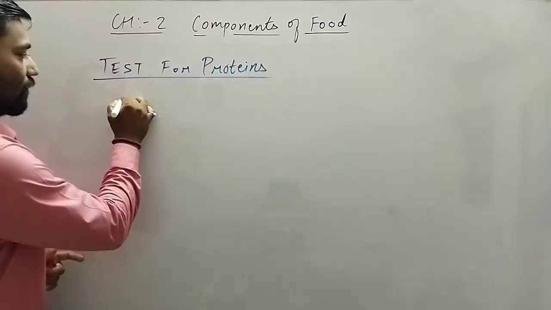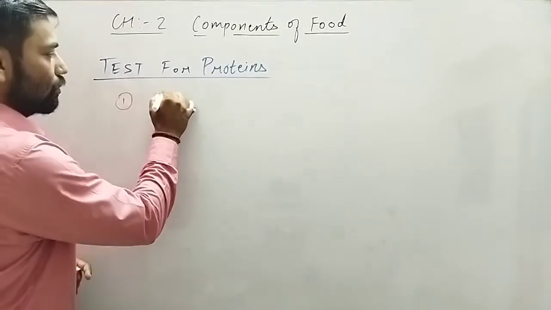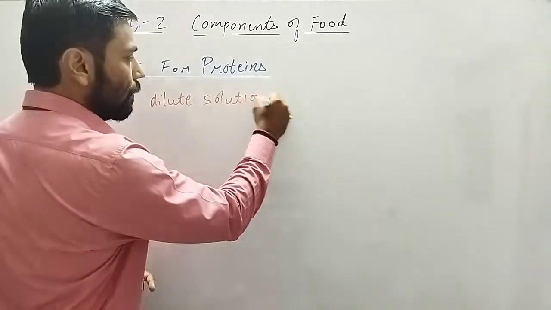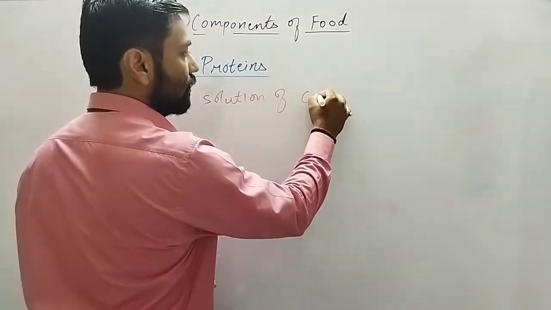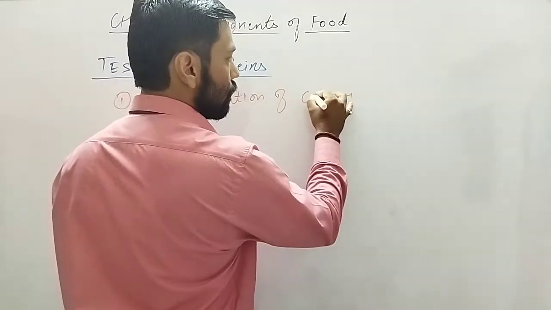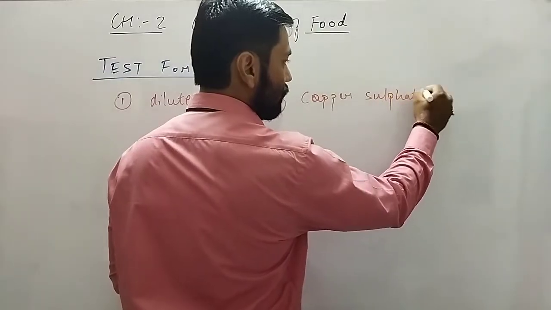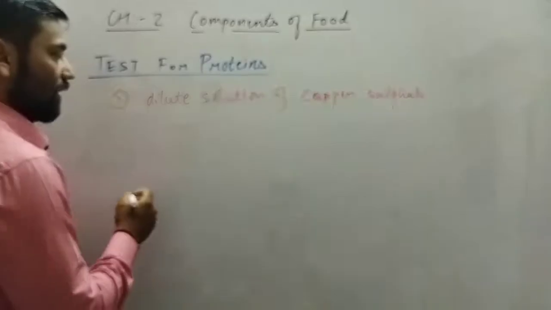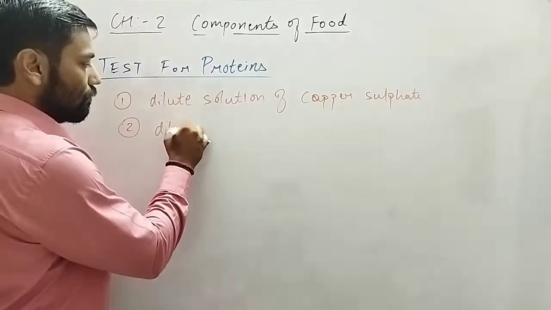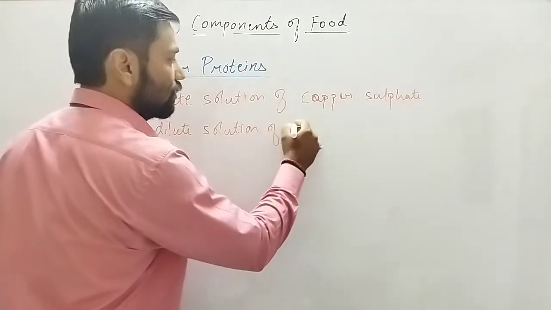The very first solution required is a dilute solution of copper sulfate. Then the second solution required is a dilute solution of caustic soda.